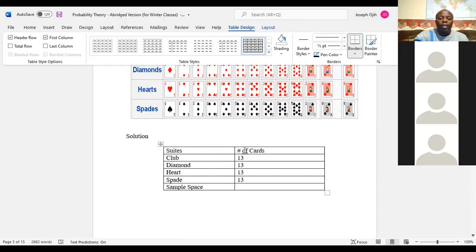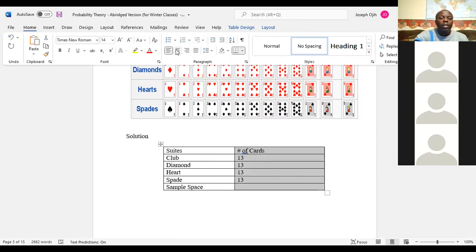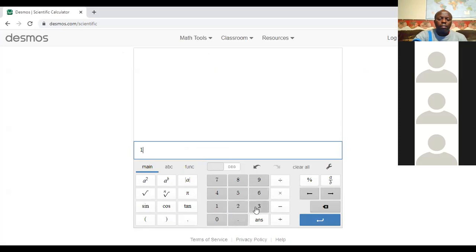To get the sample space, add all of these. So we have 13 plus 13 plus 13 plus 13, which gives 52 cards.